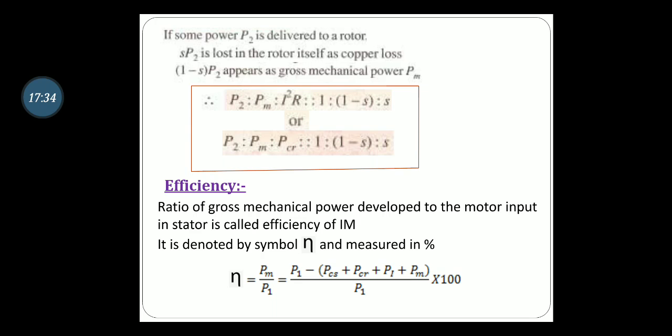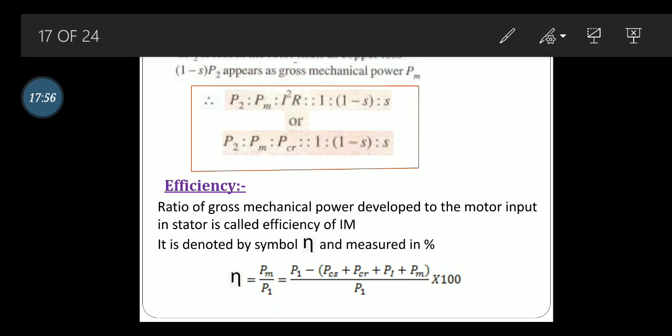Some power will be lost in the rotor, that is s times P2, in the form of copper loss. Then 1 minus s times P2 appears as gross mechanical power, that is, the rotor output.